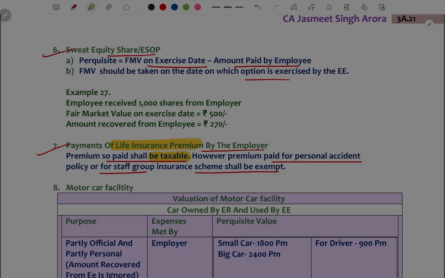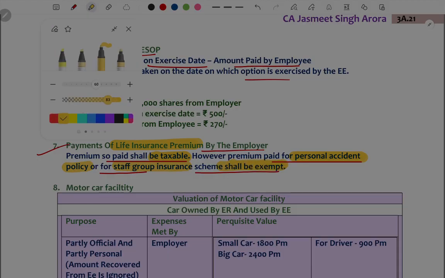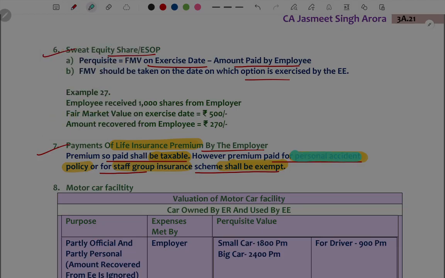However, the premium paid for personal accident policy or staff group insurance scheme shall be exempt. Personal accident policy or staff group insurance shall be exempt.